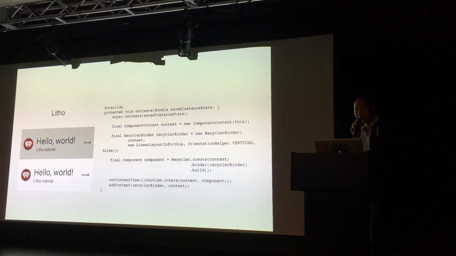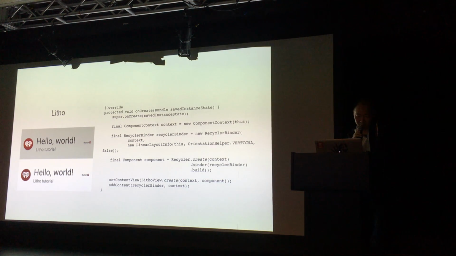In your main activity, you'll have to start with the same, calling super onCreate, and you have to create component context, which is the Litho specialized context, which will be equivalent to your Android activity context. And you create a recycler binder, and you create the recycler, which is RecyclerView.